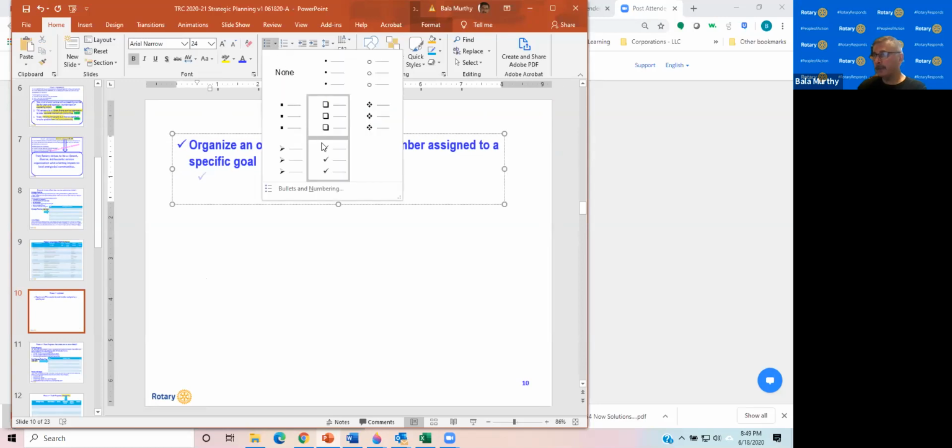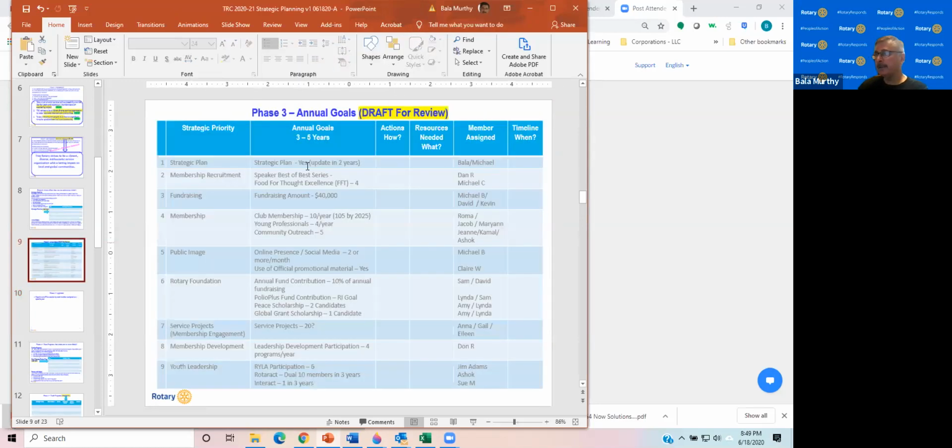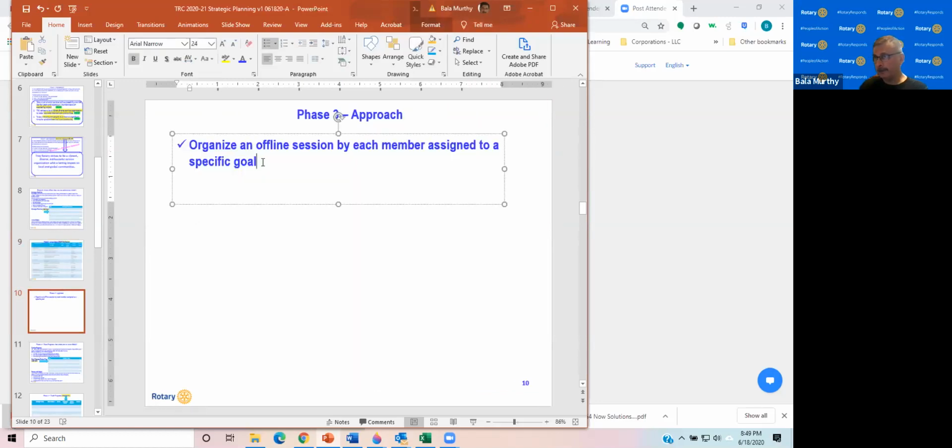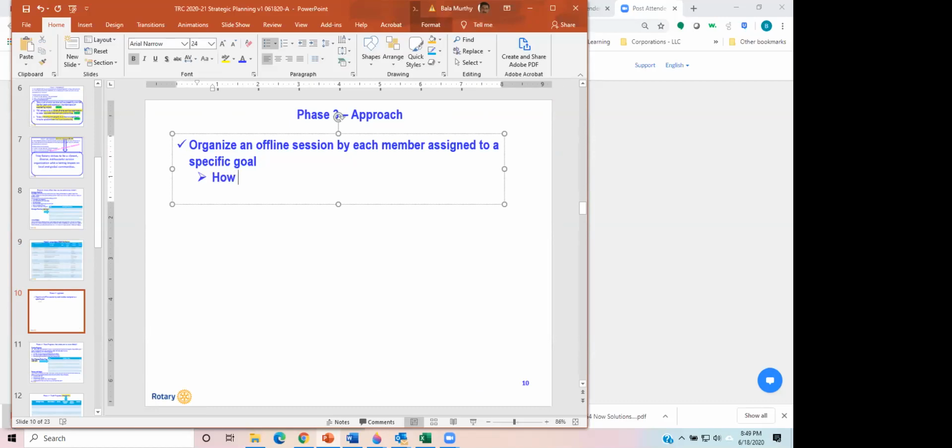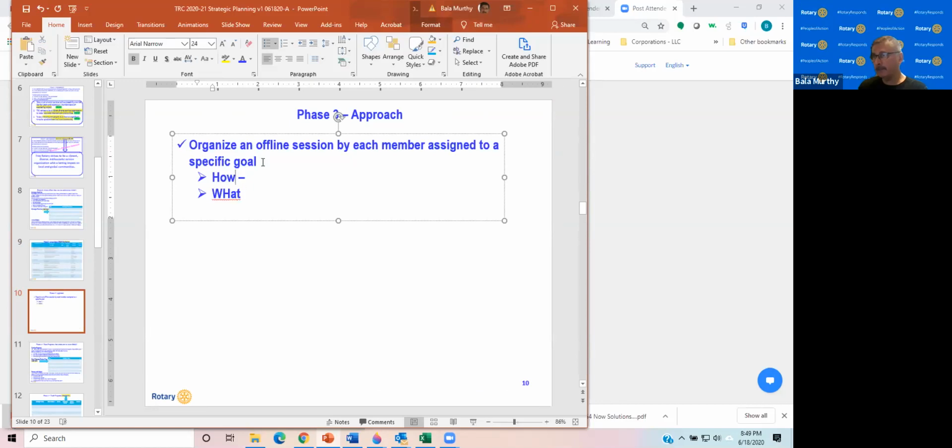So we have 3 things here: when, how, and what. When will drive the other 2. So when do you think would be a good timeline? Because we need to roll this out to the membership at large.